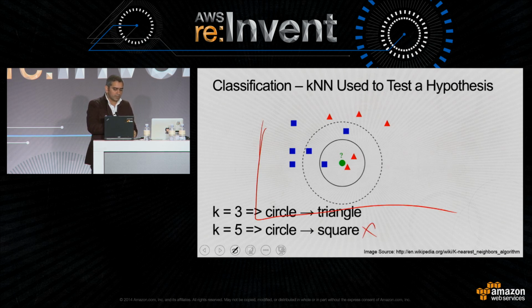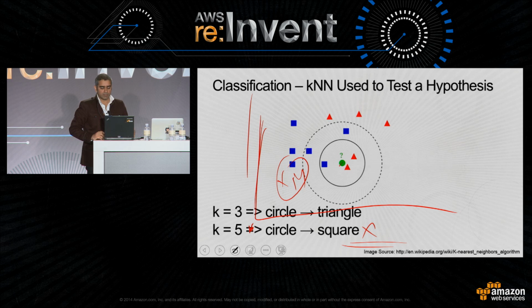So this is your y-axis. This is your time or the x-axis, and they are basically x, y coordinates only, all of them, right? So if you were to predict what the value of this green dot is going to be, if k's value is 1, what am I going to do? I'm just going to return this one, because it's very close to this triangle, it is very likely that it is a triangle as well.